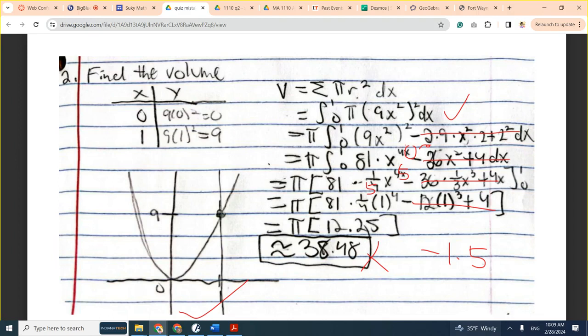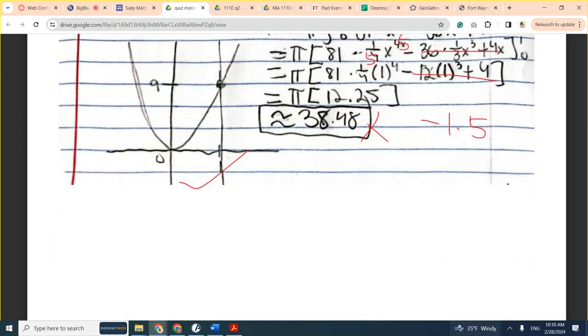But in the regular calc sequence, we do cover things like trig functions, and we can have something crazy like that, where x is in the exponent and in the base. But in our class, we only focus on x being either in the exponent or in the base. Okay, that's the mistake. Any questions?